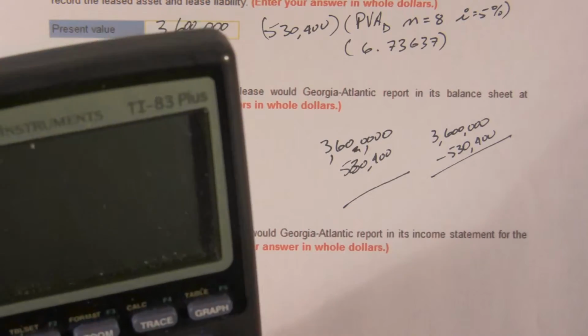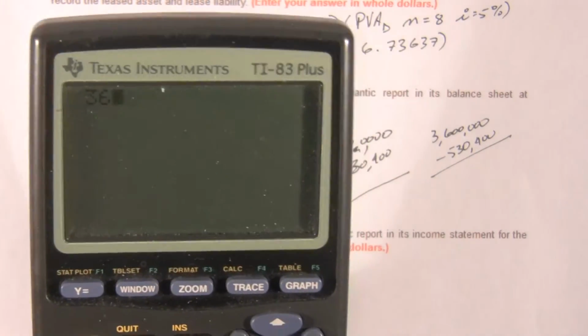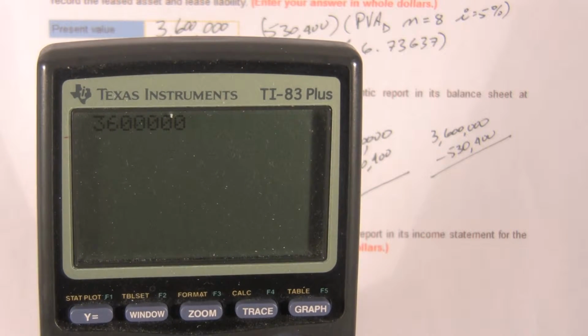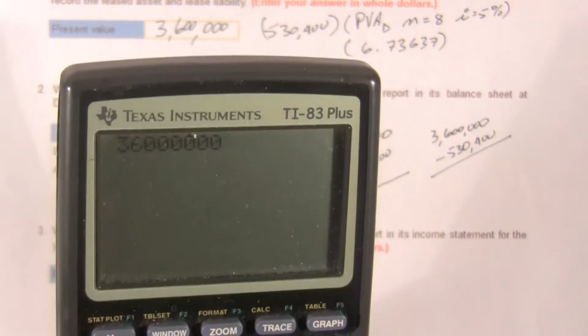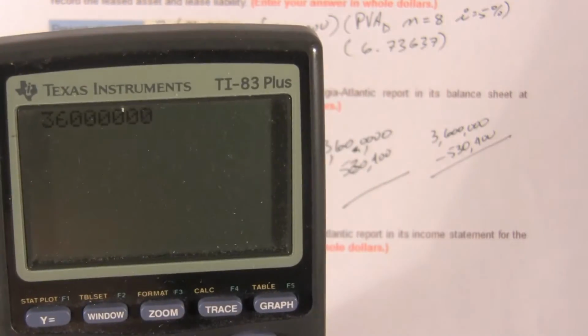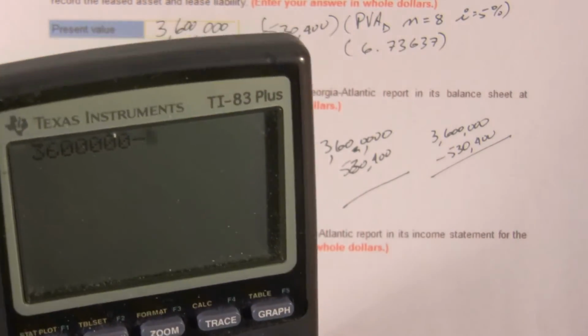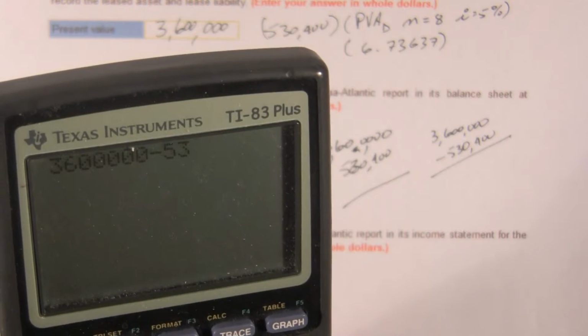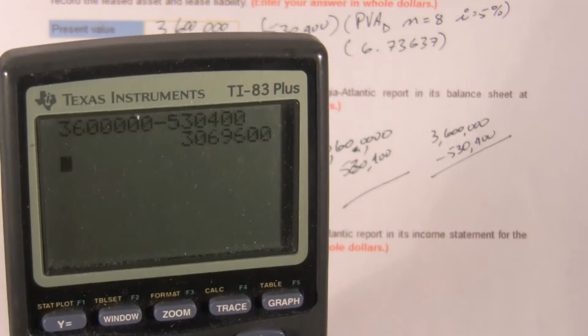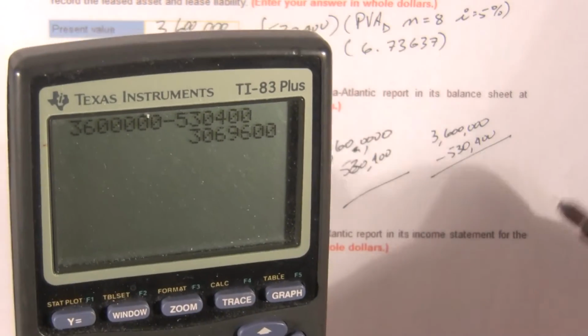So I have $3,600,000, right? Minus $530,400. So that takes us to 3,069,600.